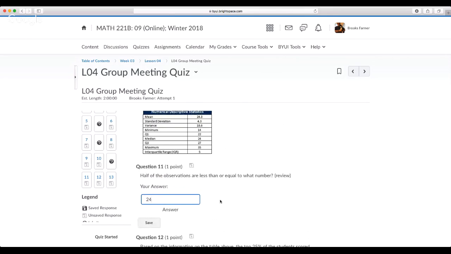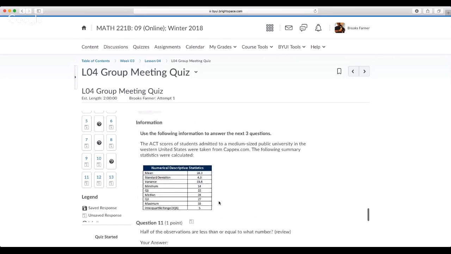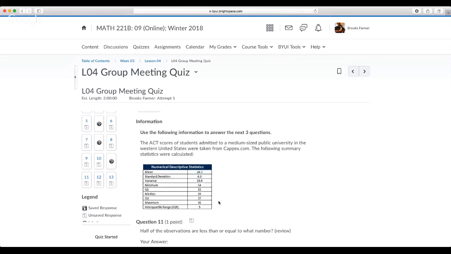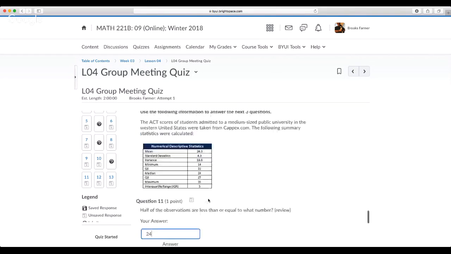So this question 12, the top 25%, that would be the Q3, correct? Yeah, that would be Q3. So it says the interquartile range, the IQR, is 5. So that means there's about 5 points in between each quartile. So 24 plus 5, I would assume would be 29.